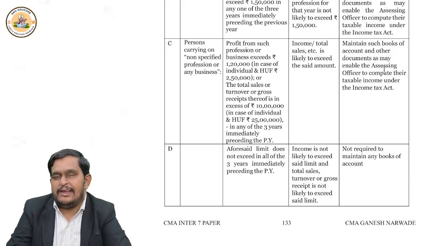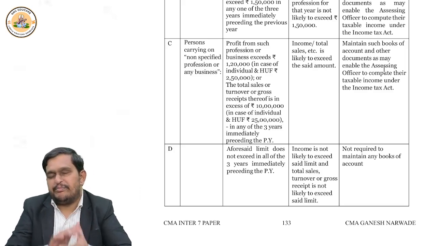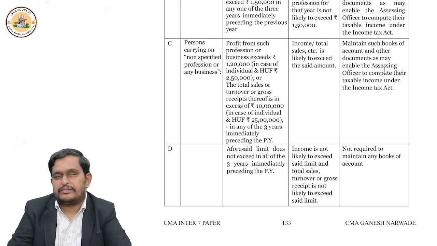But in C and D, in any one of the previous 3 years, if you cross that 1,20,000 income or 10 lakhs turnover, then you have to maintain reasonable books of accounts which will help the assessing officer to compute your income. Here the rules are a little flexible. Are you able to understand?